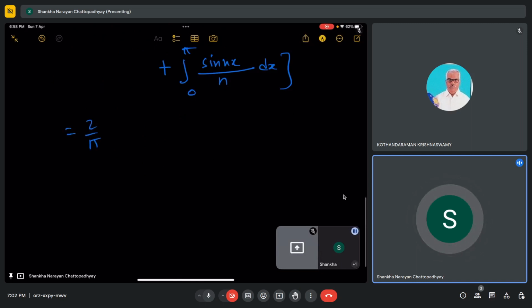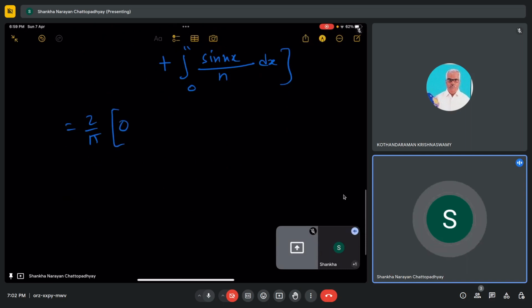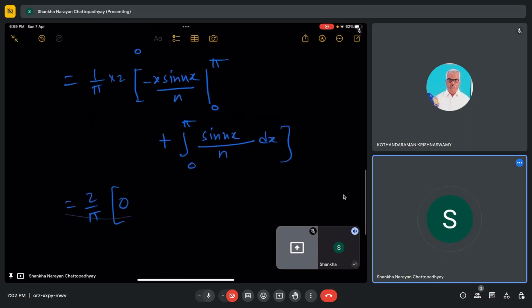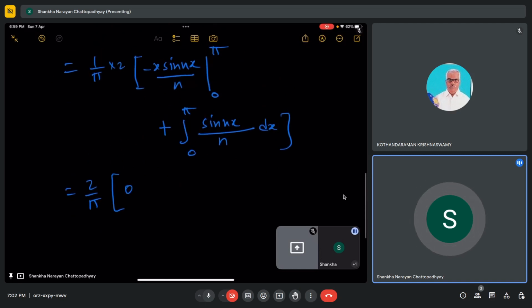That is 2 by pi, and this thing vanishes. This is 0 because sin n pi is 0. So sorry, this is 0. So the sin nx term above, this term vanishes.